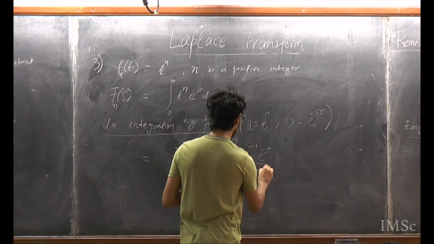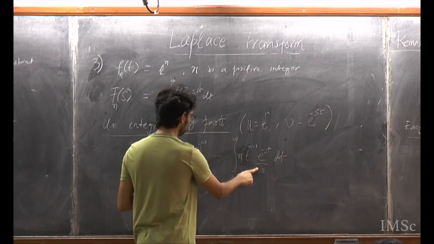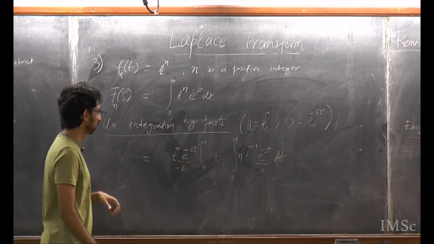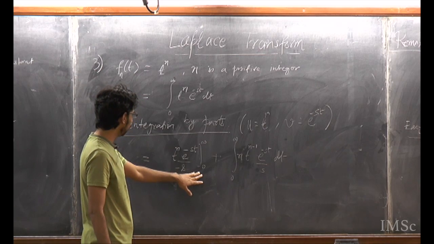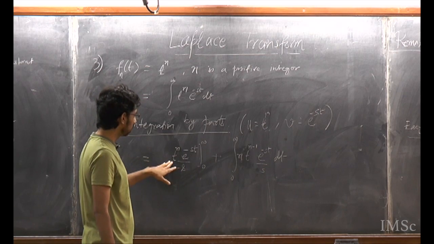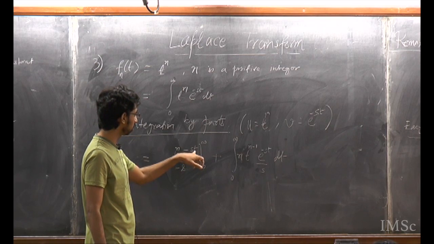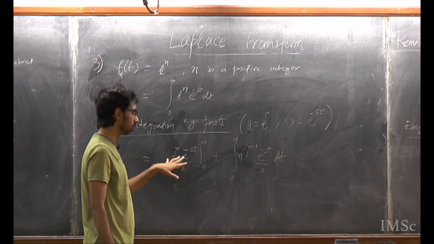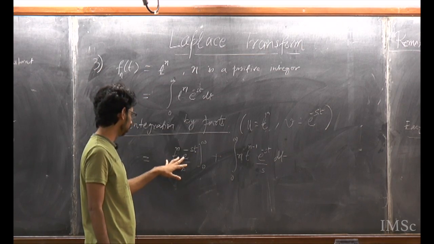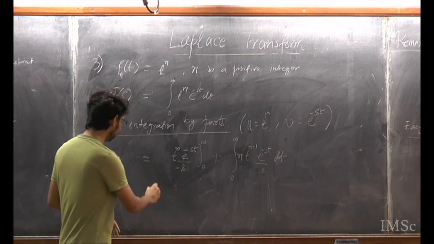This minus and this minus becomes plus. Now if you want to evaluate this limit, at 0 this is just 0 because the exponential at s times 0 is just 1, and you can just put t equals 0, so you get 0. At infinity, what do you get?